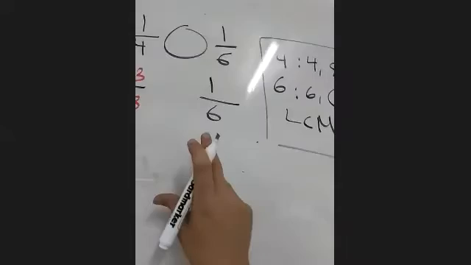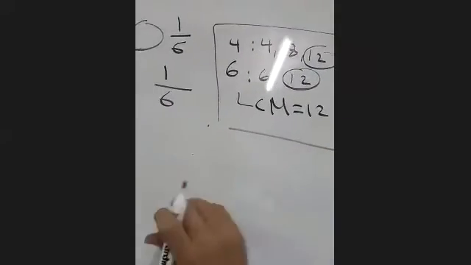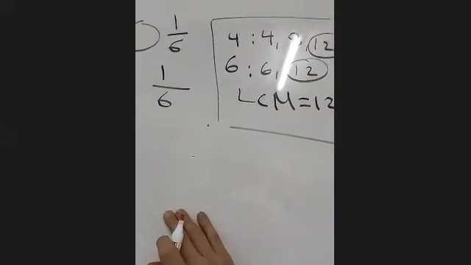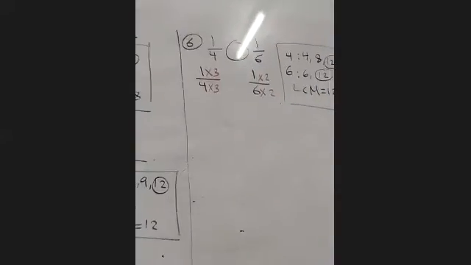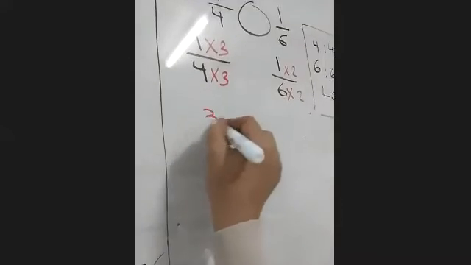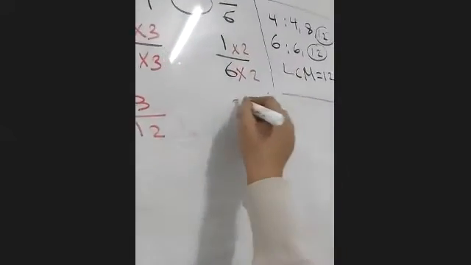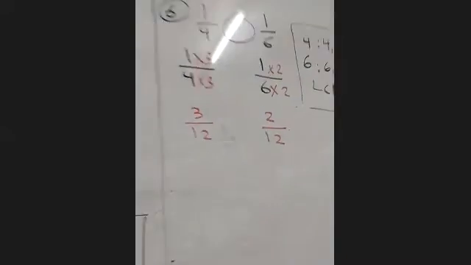How will I make the 6 to be 12? By multiplying up and down with 2. Now let's simplify. Up will be 3 over 12 and here will be 2 over 12, right?